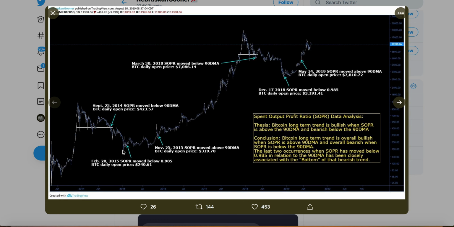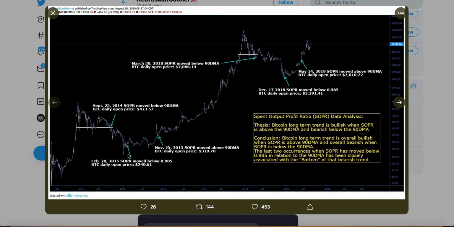So basically, the Bitcoin long-term trend is overall bullish when it is above the 90 DMA, but overall bearish when below the 90 DMA. Another thing you can see is that the last two occurrences when the SOPR has moved below 0.985, in relation to the 90 DMA, have been closely associated with the bottom of the bearish trend.